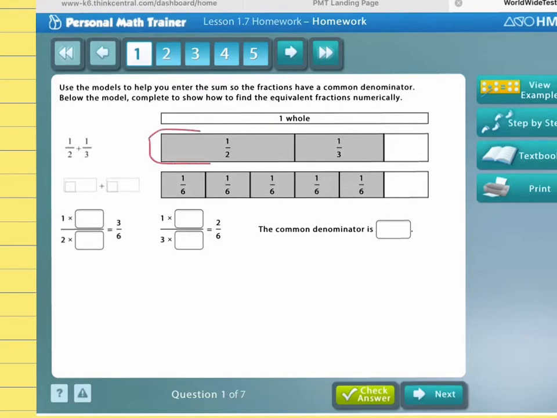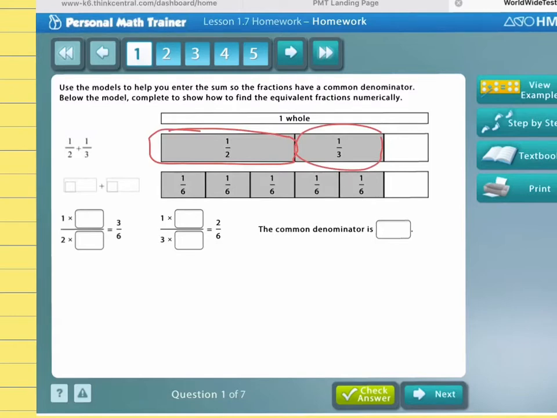You can see that 1/2 here is there and 1/3 is here, so they're not like fractions. So we need to find a common denominator so we can actually add those up, because we cannot add halves and thirds.